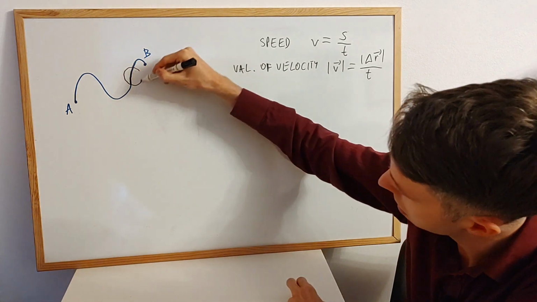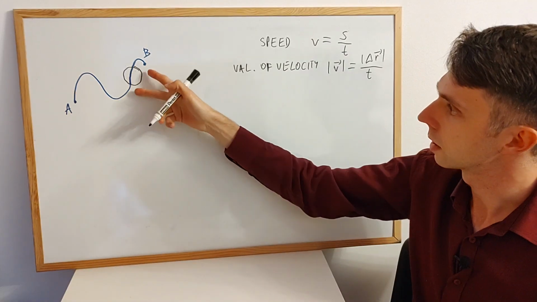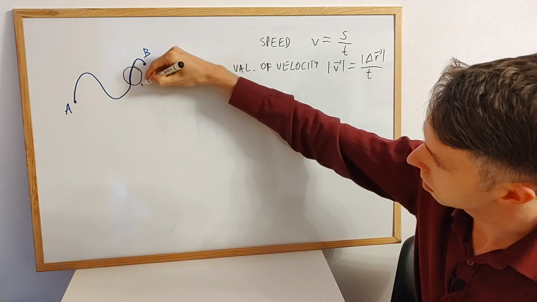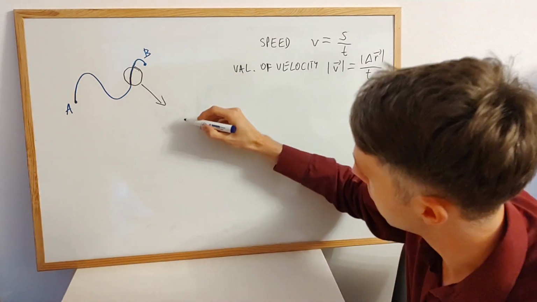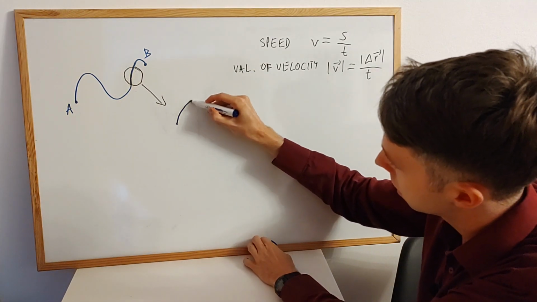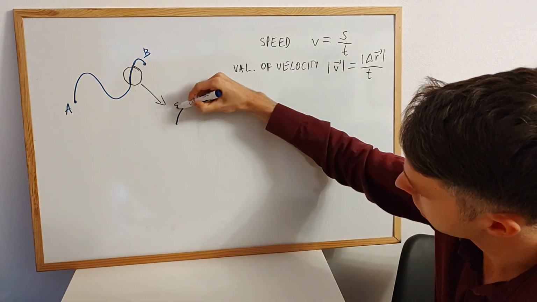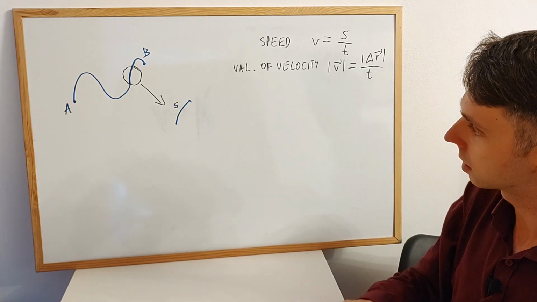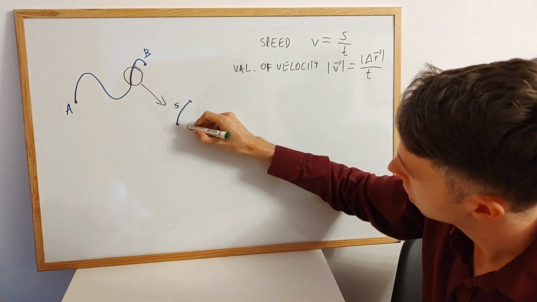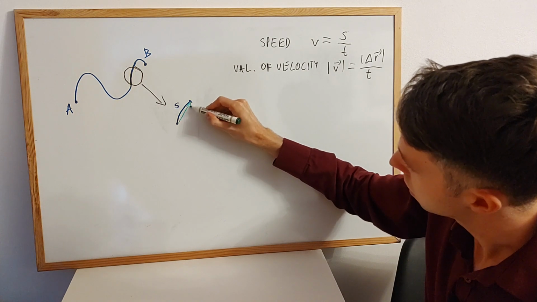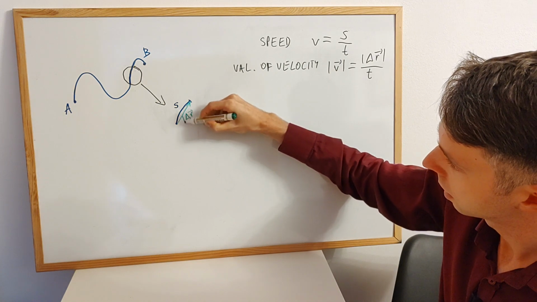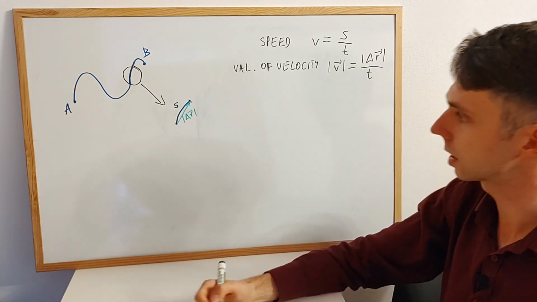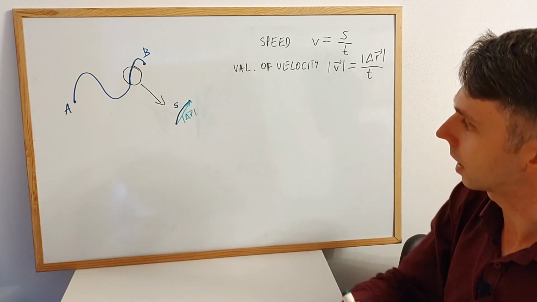So suppose we focus on this piece of the trajectory and we zoom in, let's draw it larger. So say this trajectory is something like this. On the blue line we measure distance, and the displacement in this piece would be the straight line like this. This has a length of delta r.